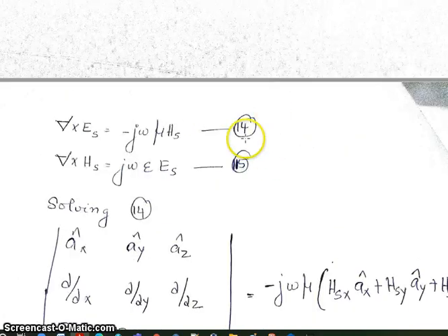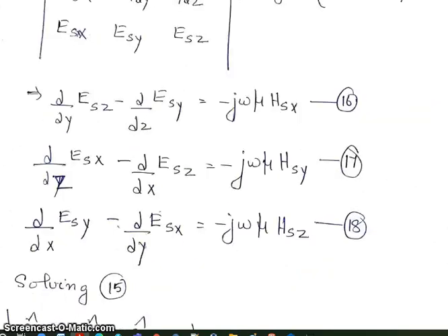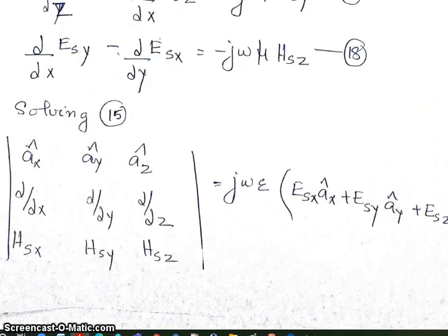Similarly, you can proceed for equation 15. Del cross H is equal to j omega epsilon Es. So del cross H, again the cross product: Ax, Ay, Az, dou by dou x, dou by dou y, dou by dou z, Hsx, Hsy, Hsz. That is equal to j omega epsilon Esx Ax plus Esy Ay plus Esz Az.